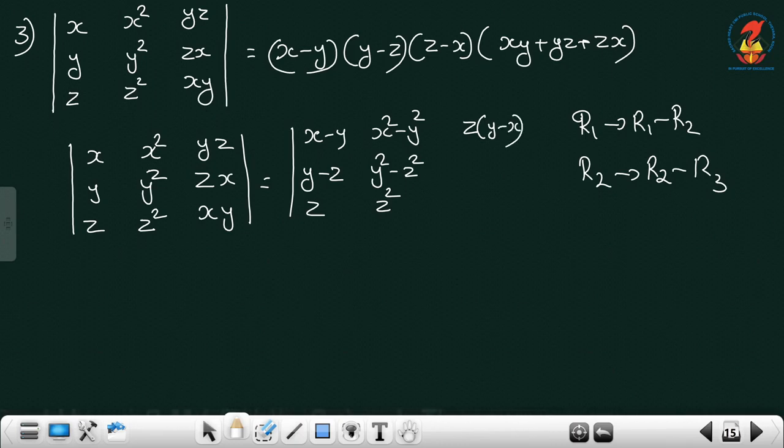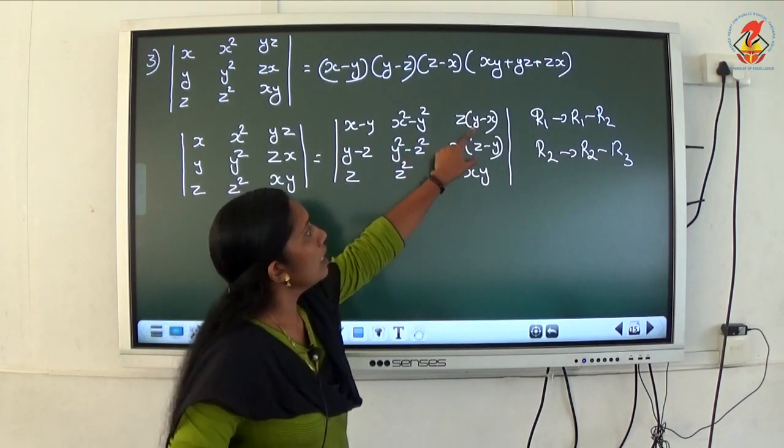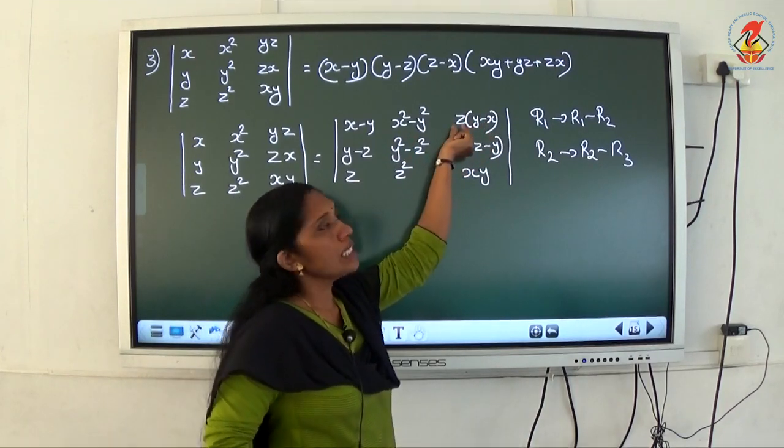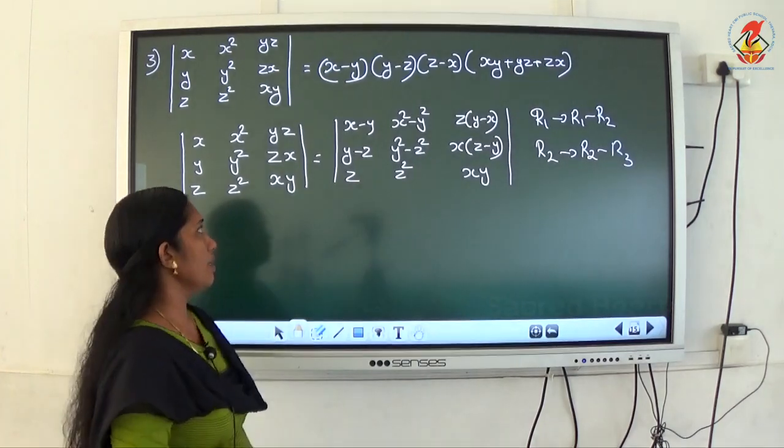Then R2 minus R3, x is common, z minus y. Now what is common in the first row? First row: x minus y into x plus y. Here x minus y common means you have to write minus of z, the minus you have to take outside.